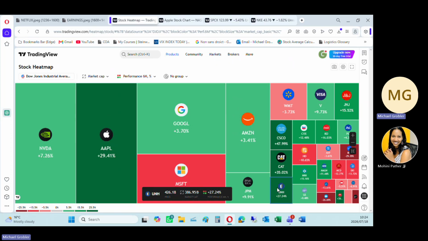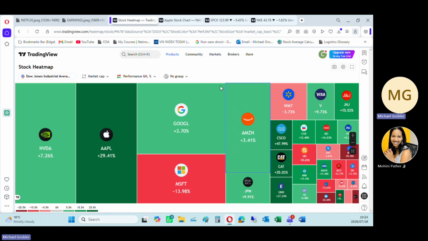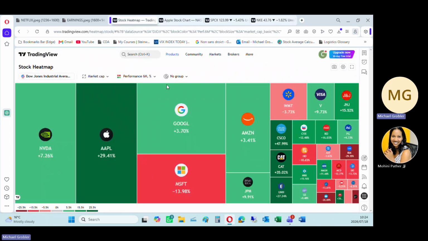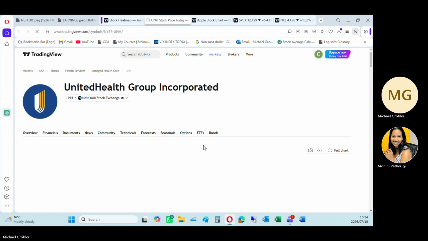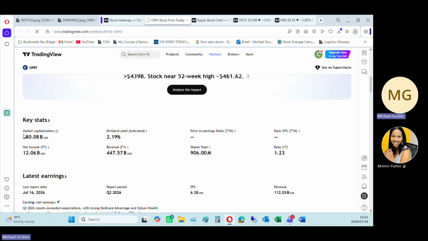Again, United Health, as much as I did enjoy it, it is now a monumental company that we're looking at here. If we go back to them, a $380 billion company.